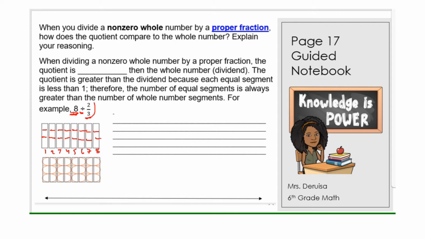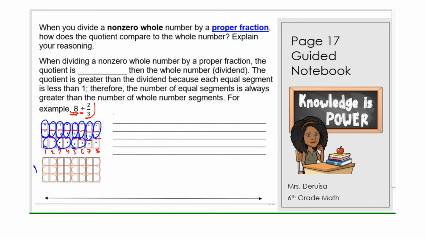So here's one way to show it. This is 1/3, 2/3. That's going to be a group. 1/3, 2/3. This is a group. I have to make groups of 2/3 until I have nothing left of my 8. So I can do 1/3, 2/3. That's another group. How many groups of 2/3 are in 8?